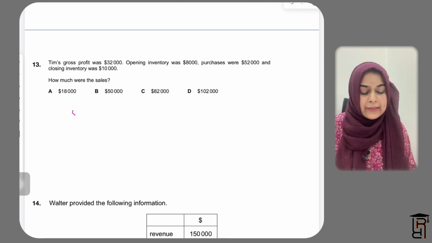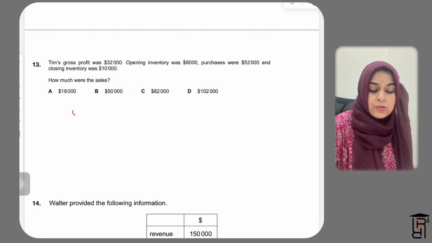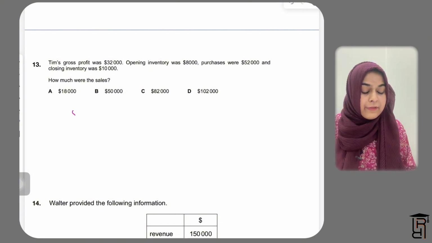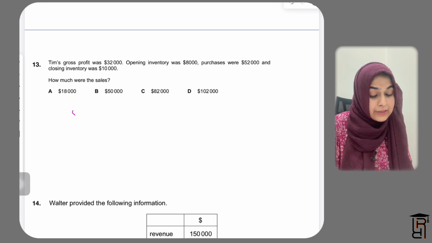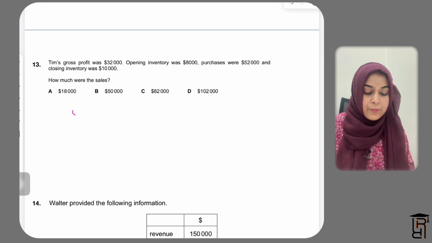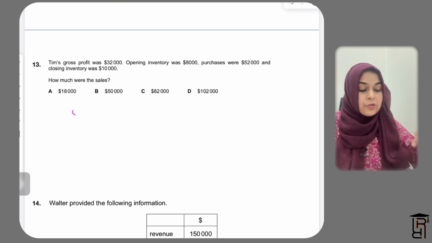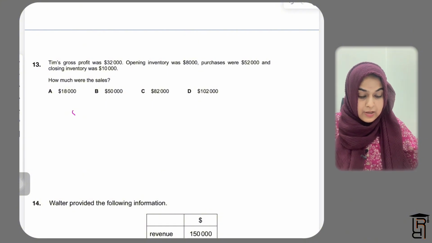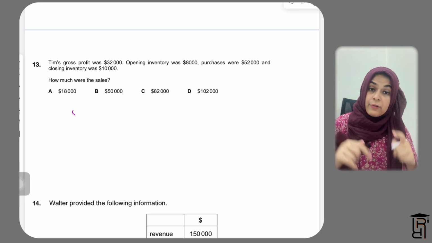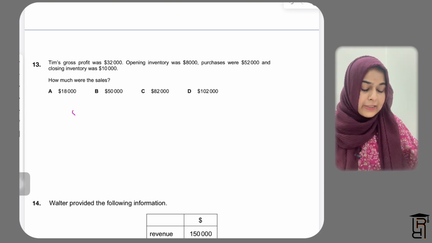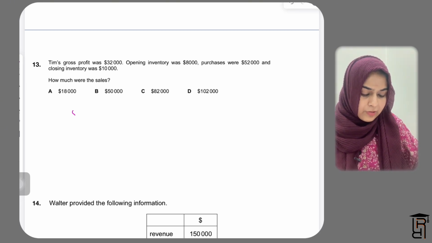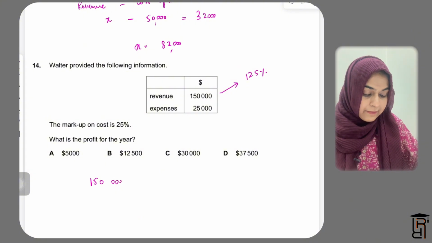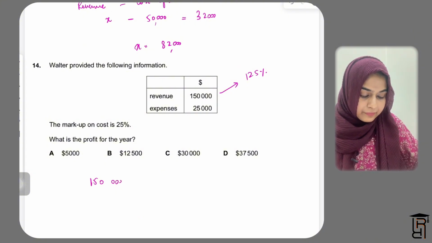Okay, another question says Walter provided the following information: revenue is 150,000, expenses are 25,000, the markup on cost is 25%, so revenue is 125%. What is the profit for the year? They have asked for profit for the year, so we first need to find our cost of sales. 150,000 is 125%, and X is 100%.